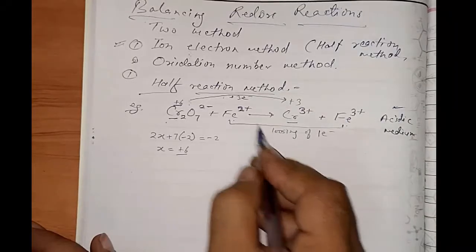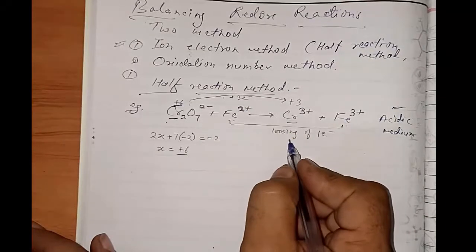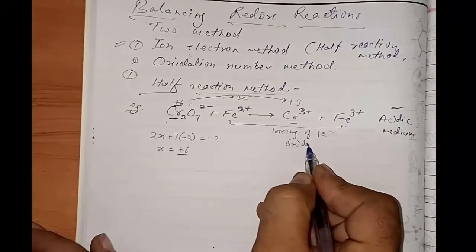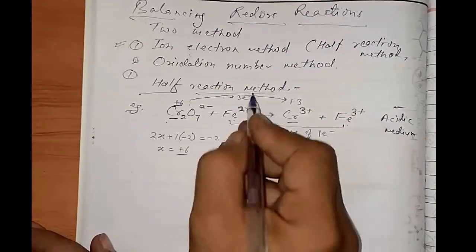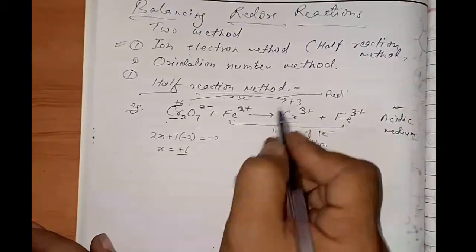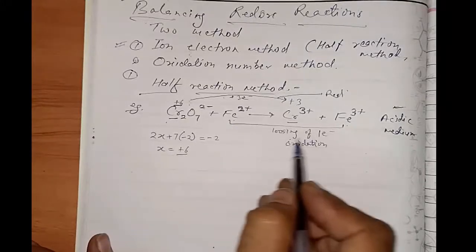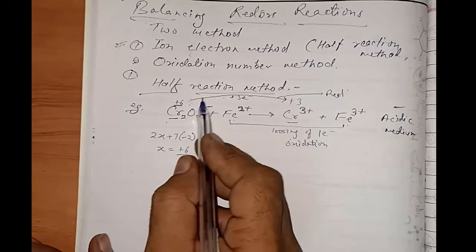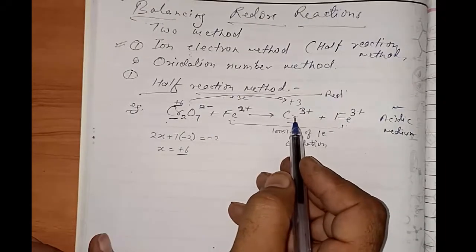So here gaining of electron takes place, here losing of electron takes place. Losing of electron is called oxidation, and this is reduction. So we first write that Fe2+ is getting oxidized into Fe3+ and Cr2O7 2- is getting reduced into Cr3+.